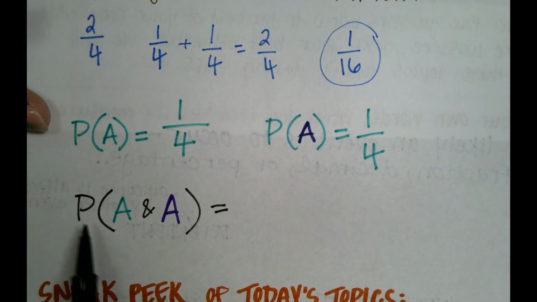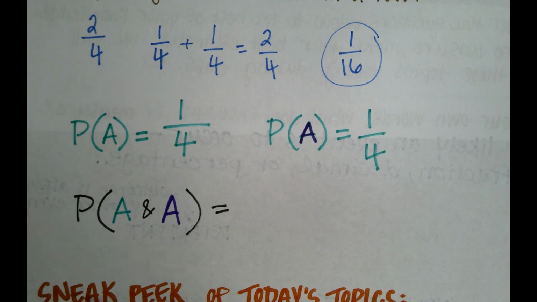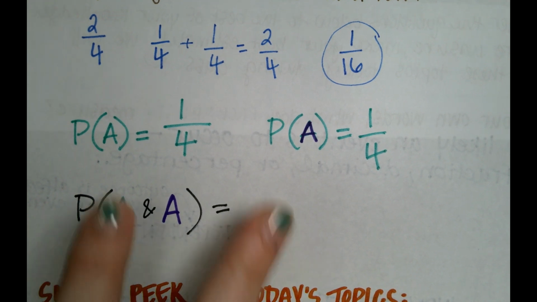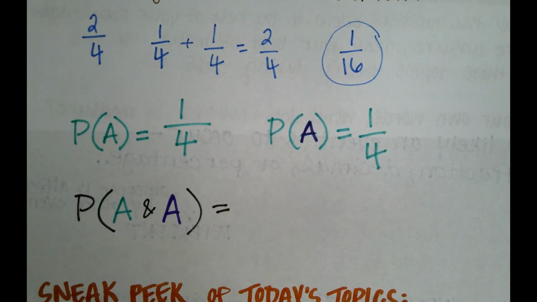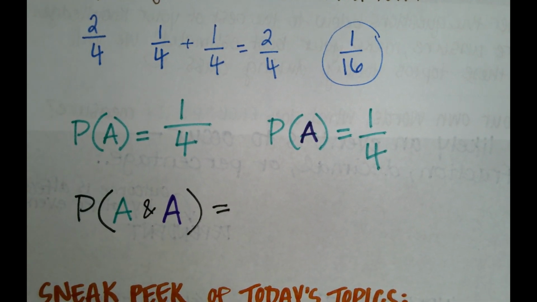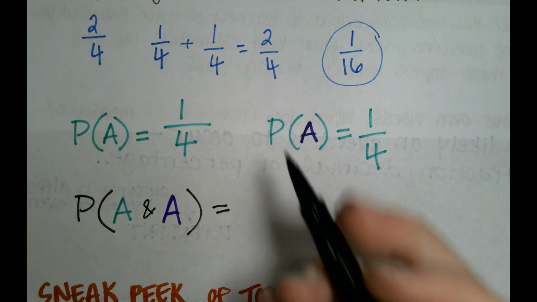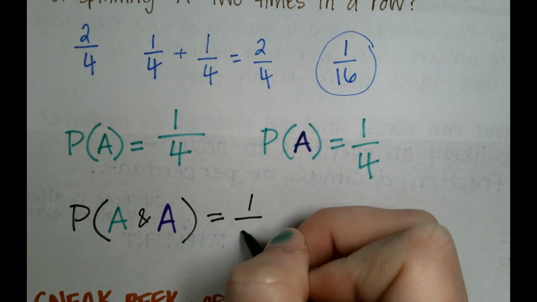So there's how we would write it. What is the probability of spinning A and then spinning A again? So looking at the 2 things we wrote above, what is the probability of spinning the green A? What did we write here? 1 out of 4. Okay, so we're going to do 1 over 4.